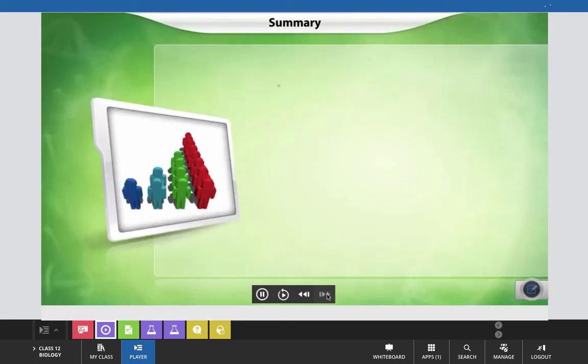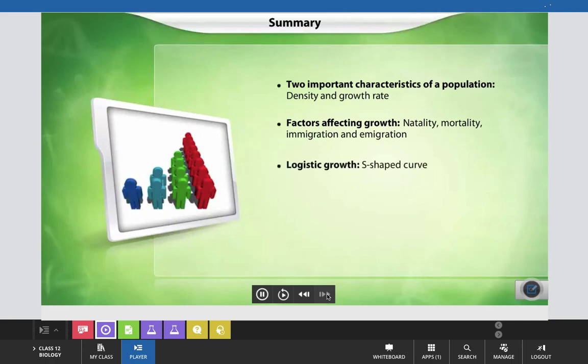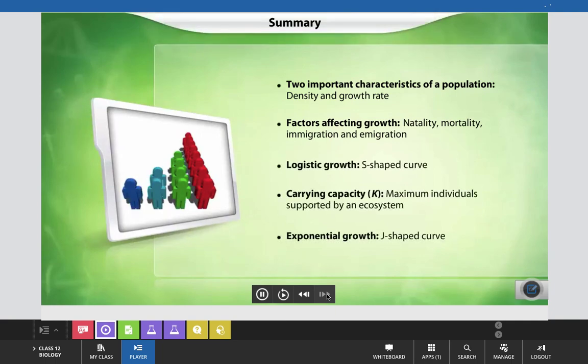Let us quickly recap the different attributes that affect the population growth of an ecosystem. Yes, here is the summary of the presentation. Two important characteristics of a population are density and growth rate. Factors affecting growth: natality, mortality, immigration and emigration.